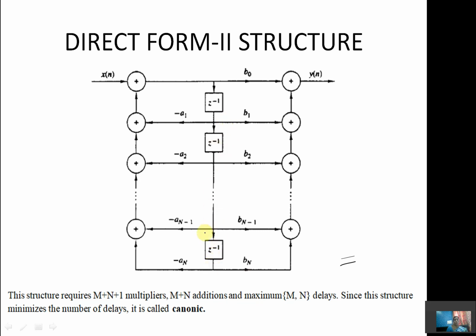Here maximum of m, n delay units are required, right? So that means if m is equal to n, m number of delay units are necessary. But in the direct form 1, it requires m plus n plus 1 memory units. Okay, so this is the advantage here, and such that this is also called as canonic form. Thank you.